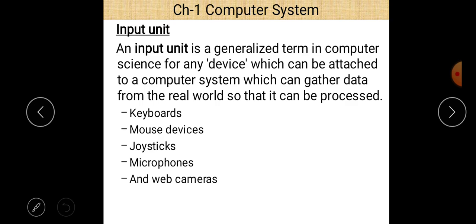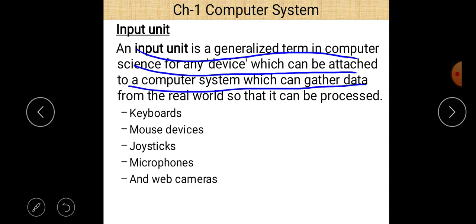Next is the input unit. An input unit is a generalized term in computer science for any device which can be attached to a computer system and which can gather data from the real world so that it can be processed.